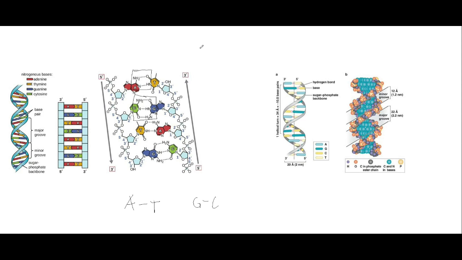We would say that its melting temperature is affected by the AT and the CG content of the DNA. And so if we have high GC, then melting temperature will be up. If we have high AT, melting temperature will be lower. It'll be easier to separate these strands.